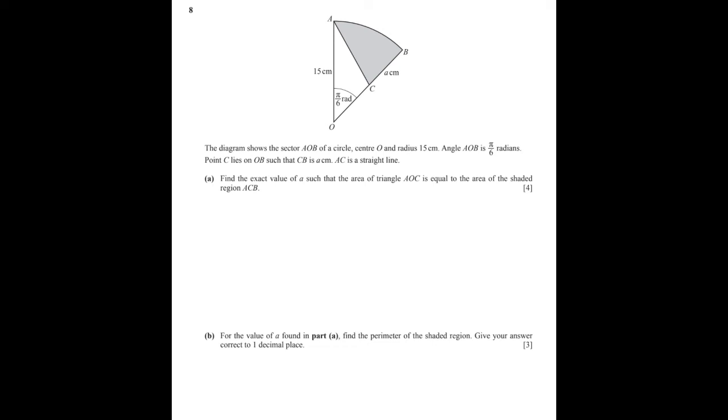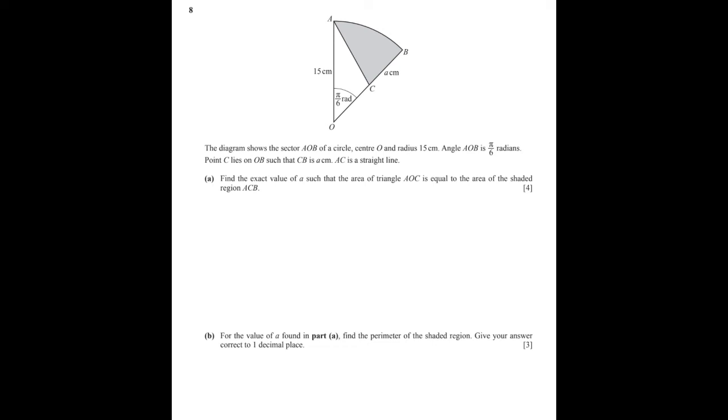Well, we're told that the exact value of A is such that the area of the triangle AOC is equal to the area of the shaded region. Okay, so you split it into these two pieces which are equal. And then we could also say that the triangle then is half of the sector.